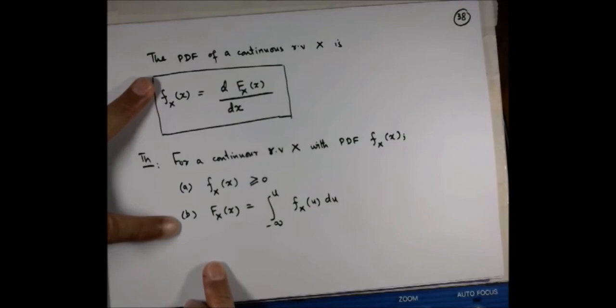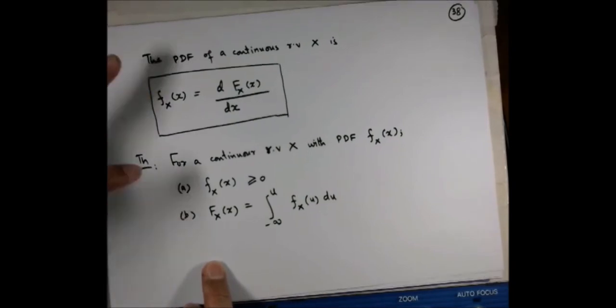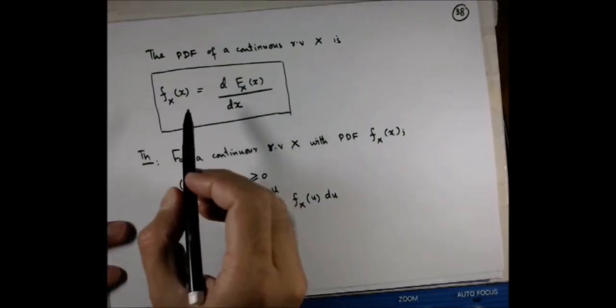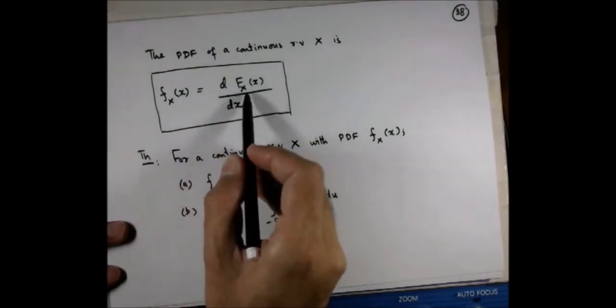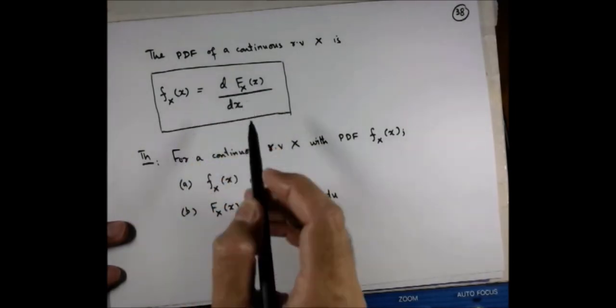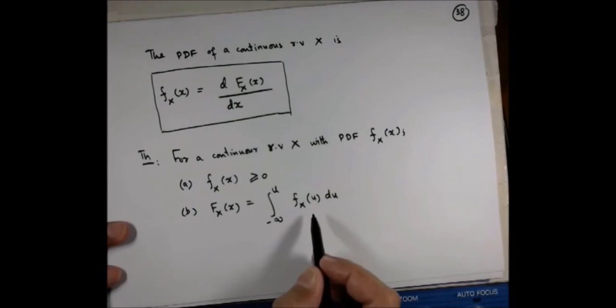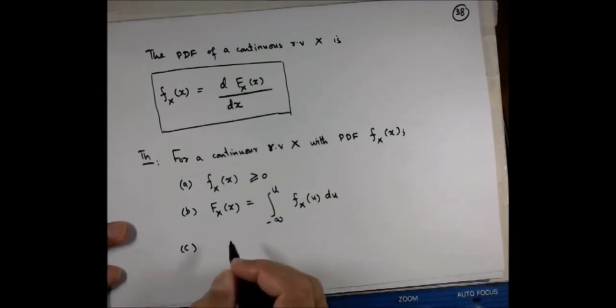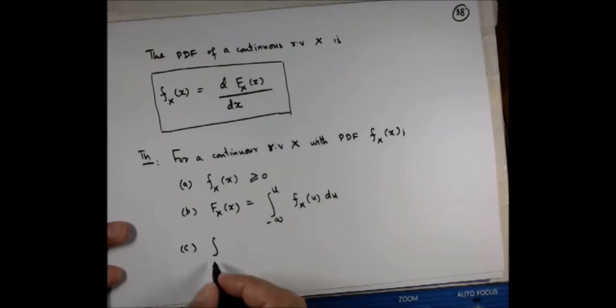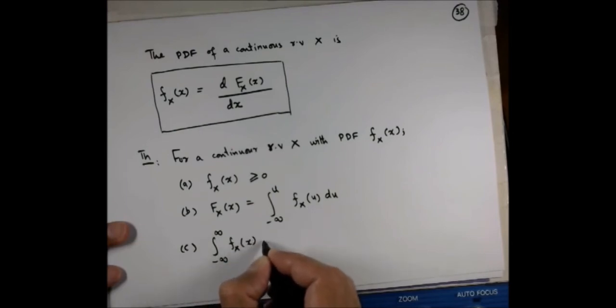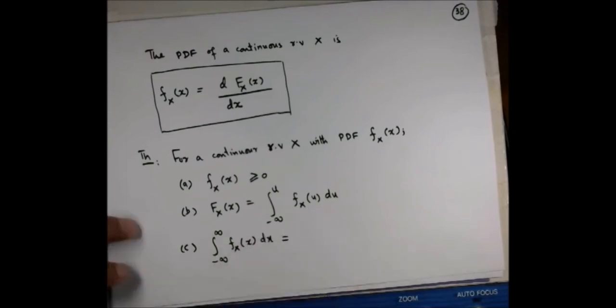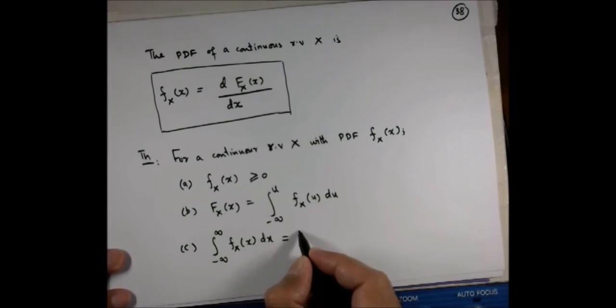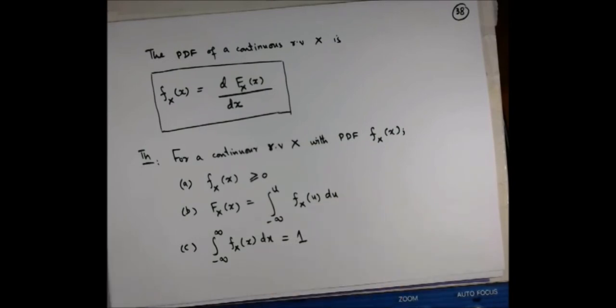These two are interrelated. The PDF is the derivative of the CDF, so the CDF is the integral of the PDF. And part C is again so simple. If you integrate the PDF, the total probability should be equal to 1.